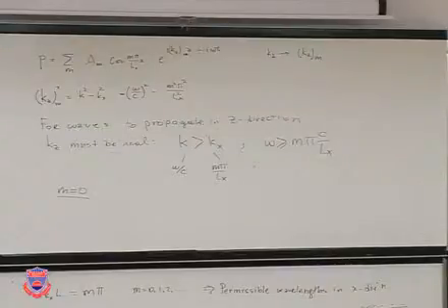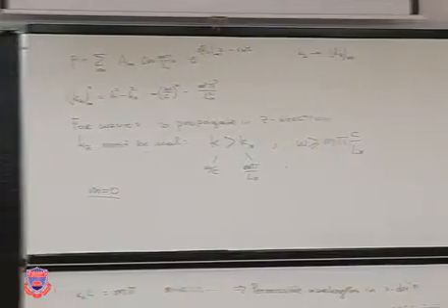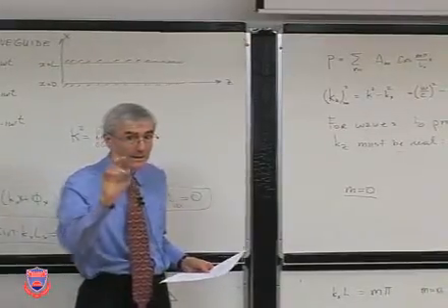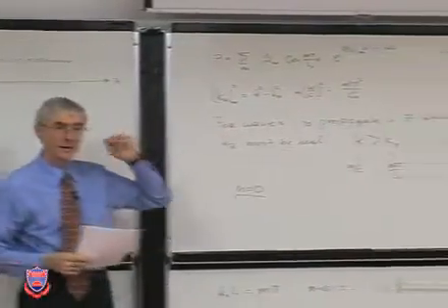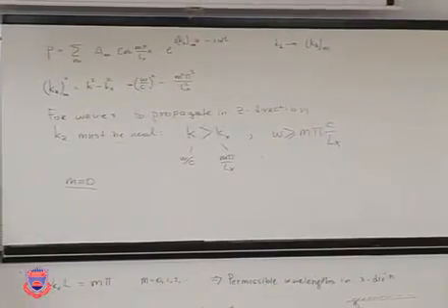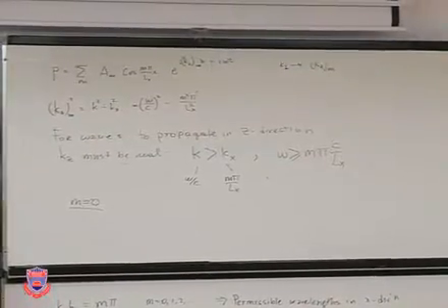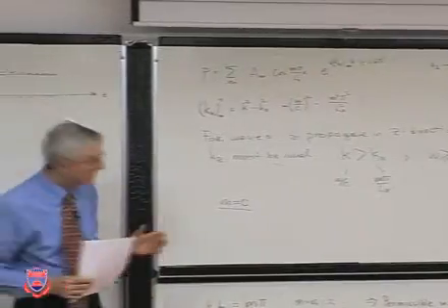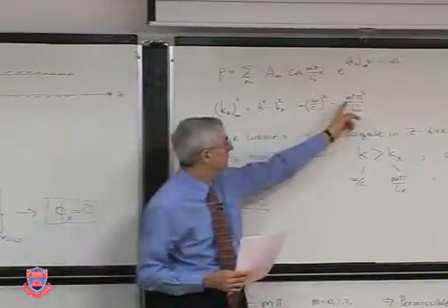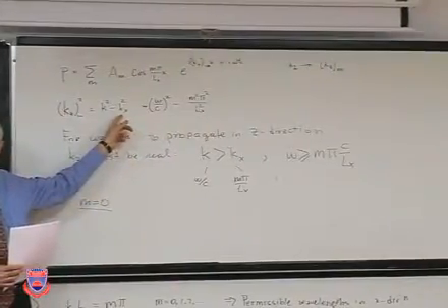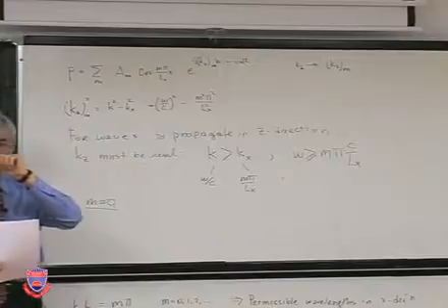kz is always real, and it equals what? Say again? kz is always real. Yeah, go ahead. Correct. See, when m is equal to 0, kx is 0. What does that mean? There's no propagation in the x direction.